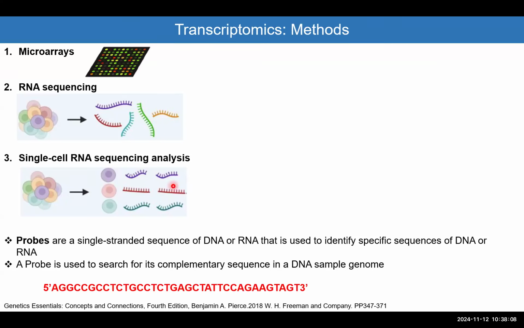Now, these technologies are based on probes, and if you forgot what a probe is, the probe is a single-stranded sequence of DNA or RNA that is used to identify a specific sequence, whether that is DNA or RNA, based on what probe you are using. So if you're doing a Southern blot, that was a DNA probe. If you're doing a Northern blot, that was an RNA probe.